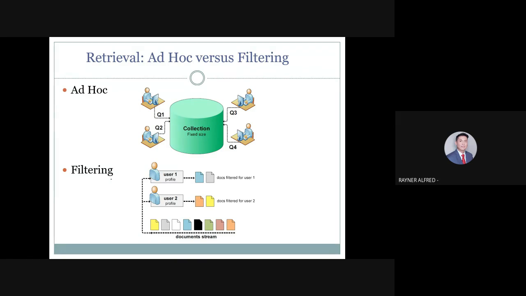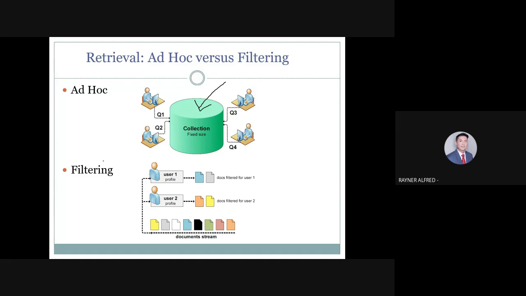In an ad hoc retrieval system, what we have is query 1, query 2, query 3, query 4 sent by different users. But for this one, we have a set of collection, so whatever matches the user's query will be sent back to the user.